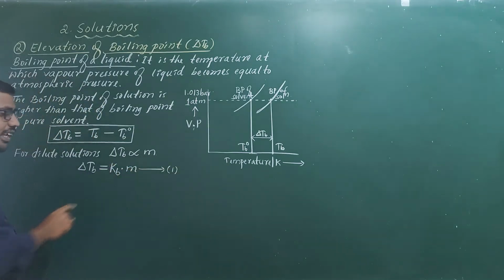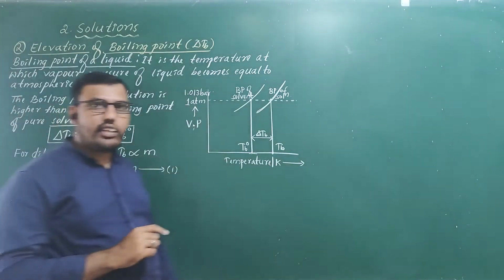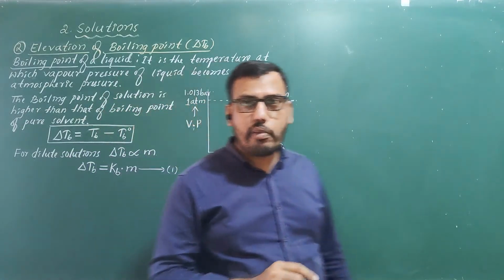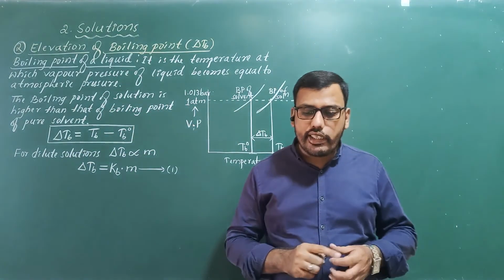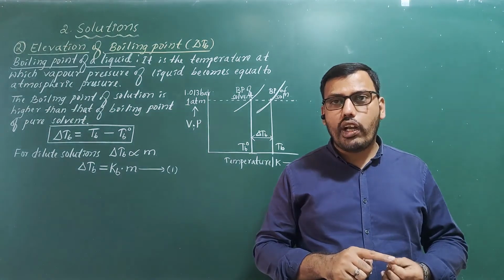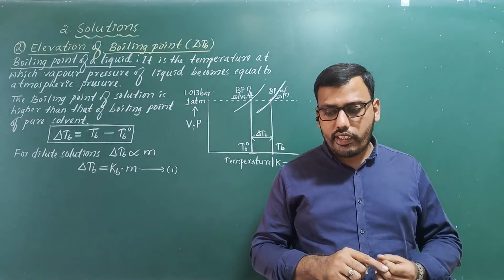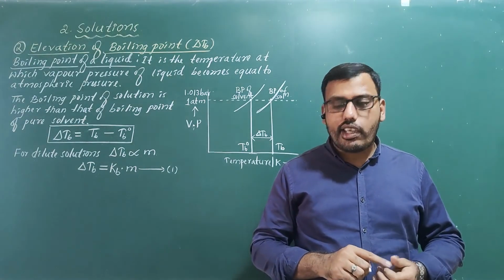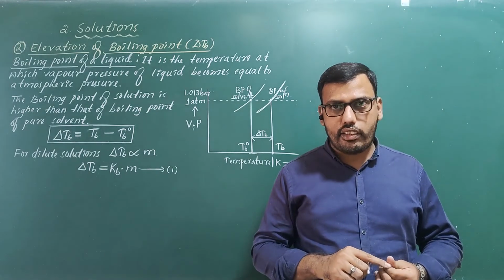Now, what is kb here? kb is an important one. Here kb is called the molar elevation constant. It is also known as the ebullioscopic constant.